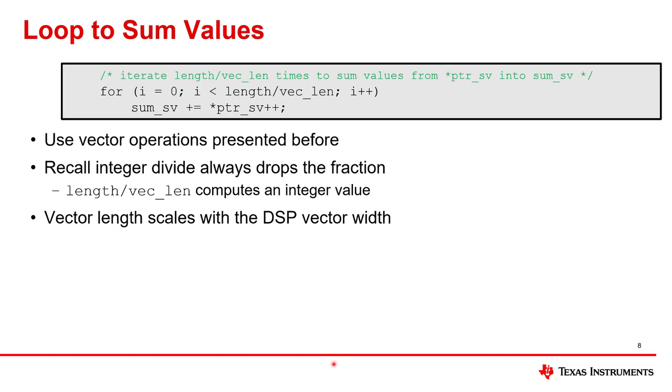Next up is the addition. This code iterates length divided by vec length times to sum values from pointer SV into sum SV. So this addition is a vector operation that I've presented before.